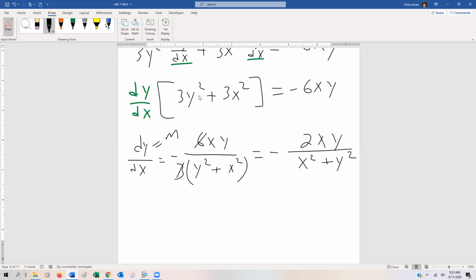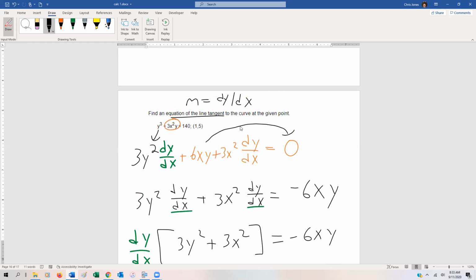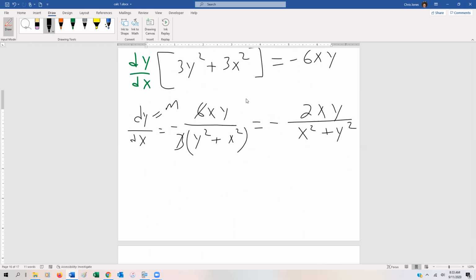But we're not interested in just the slope, we're interested in slope at a specific point, which in this case is (1, 5). So let's go ahead and substitute. So now we're going to evaluate dy/dx at the point (1, 5).